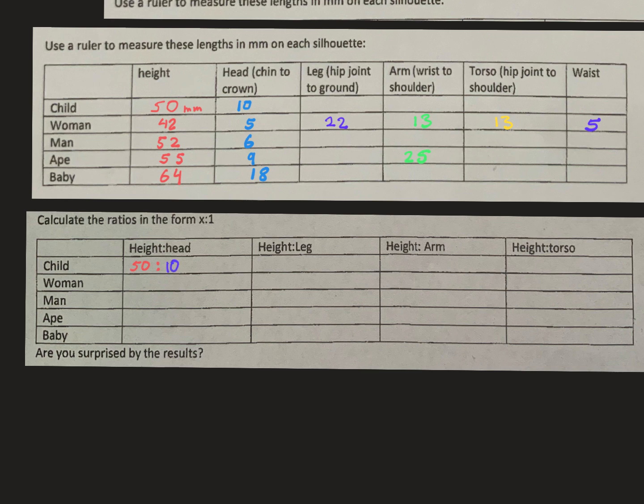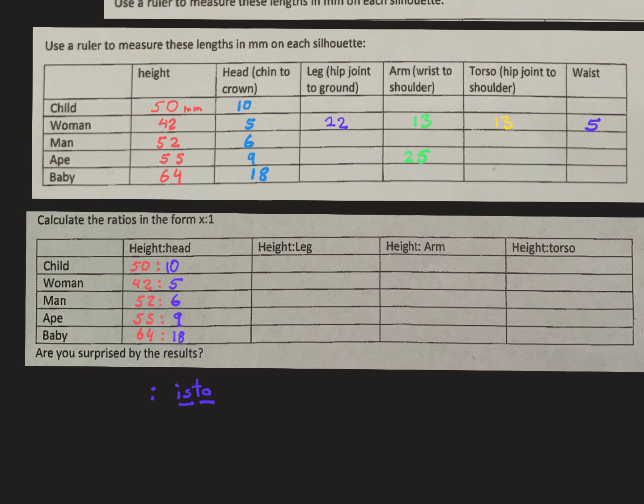Okay, so I'm just going to make that clear, and I'm just downloading the information from above: 42 is to 5, and 52 is to 6, and 55 is to 9, and 64 is to 18. You heard me say "is to", because that's what that is actually. That's the way you say this, is to.